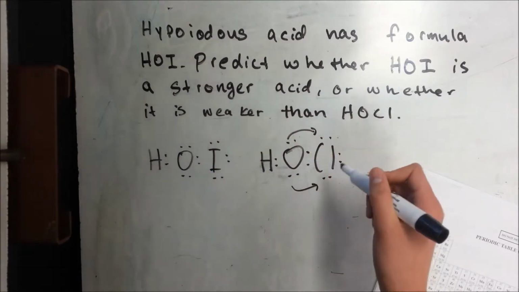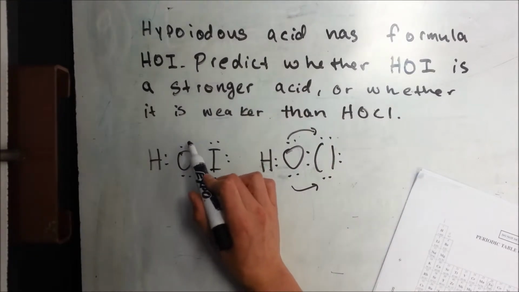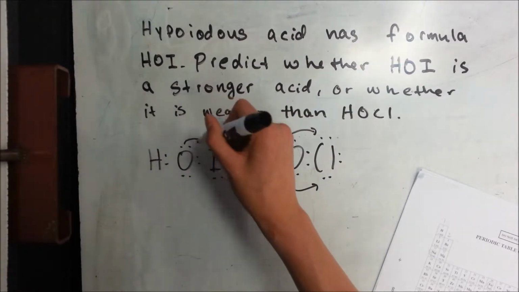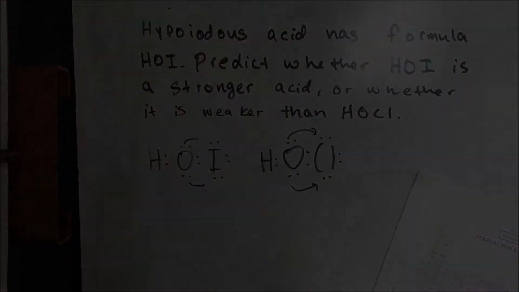The same principle can be applied to HOI, in that the electrons are less attracted to the iodine, meaning that it's easier to split them apart and thus become an acid, meaning that hypoiodous acid is in fact weaker than HOCl.